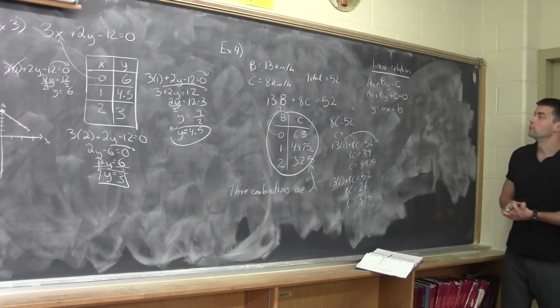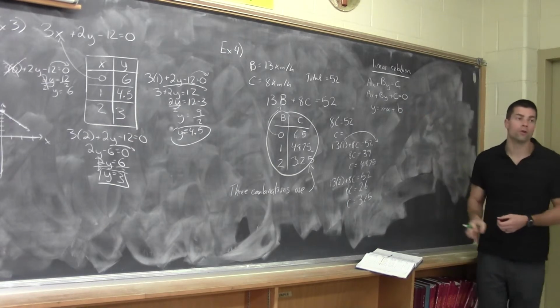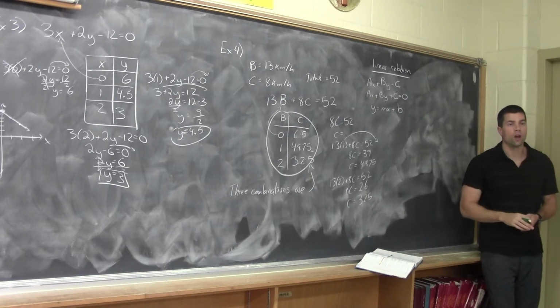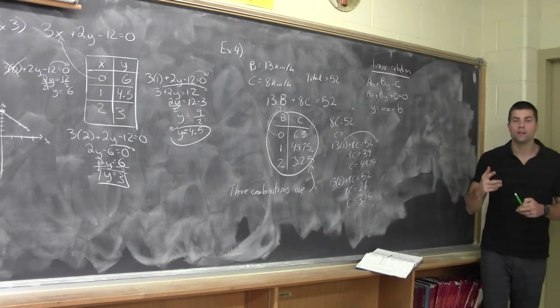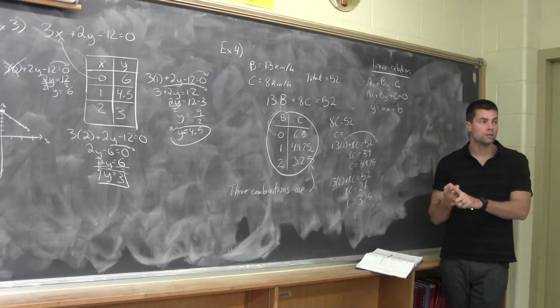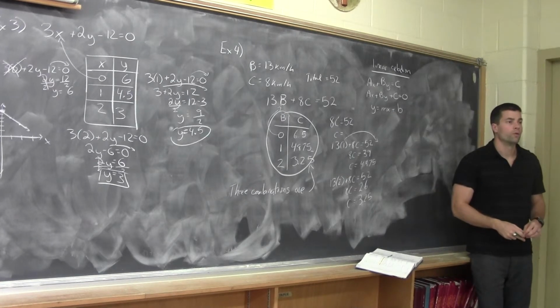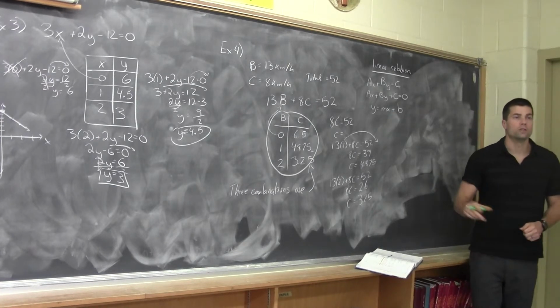Any of these types of forms, if you see an equation in either of these 3 forms, you should realize that it is a straight line. And you should also realize that there's 3 methods in which you can solve it or graph it. Okay, 1 is a table of values, 2 is intercepts method, and 3 is using slope method or rearranging into standard equation of the line form.